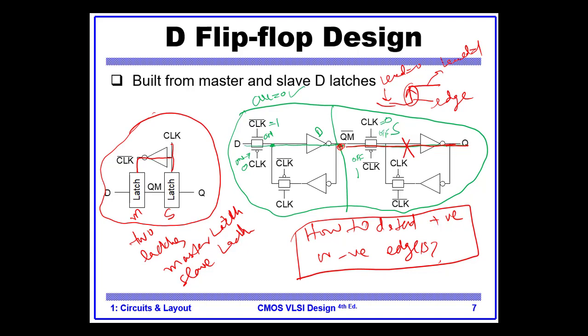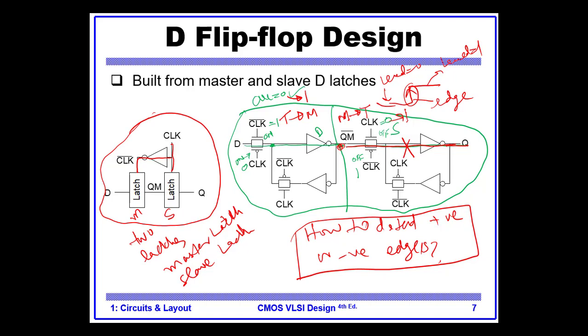Wait for what? Wait for the time when the clock changes from 0 to 1. And what will happen at that point? This one was transparent, this one was in memory mode. At this magic point, the transparent master will go from transparent mode to memory mode, and the slave will go from memory mode to transparent mode.